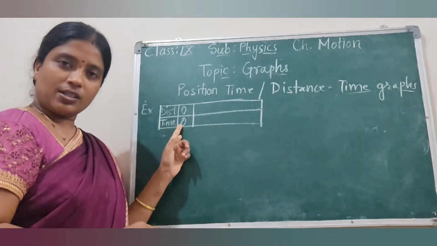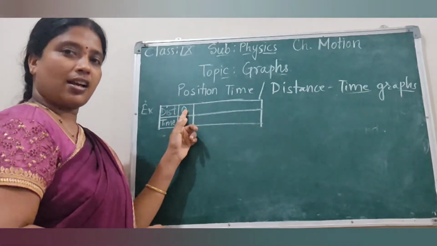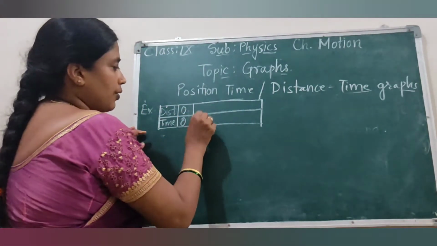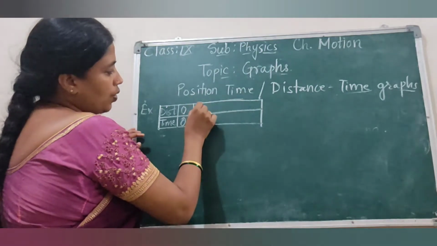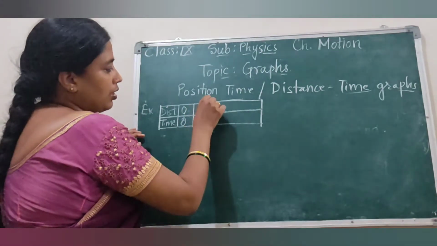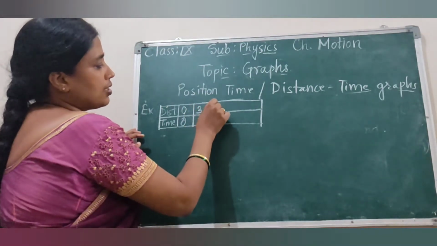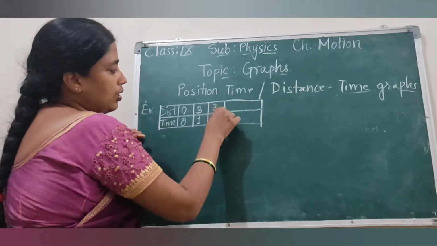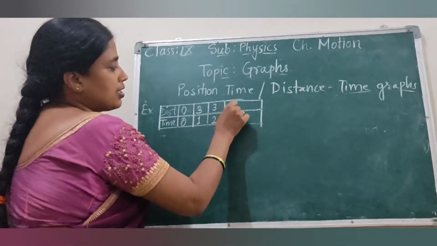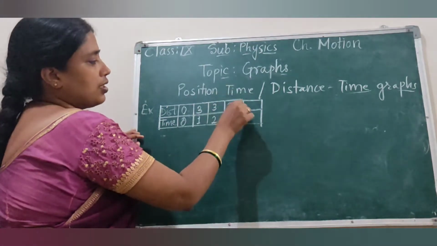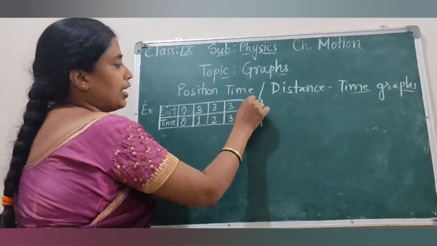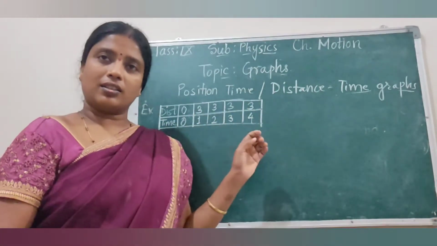At 0 seconds, the distance covered was 0. Then in 1 second, it was 3. Then after 2 seconds, it was again 3. Then after 3 seconds, again it was 3. Then after 4 seconds, again it was 3.